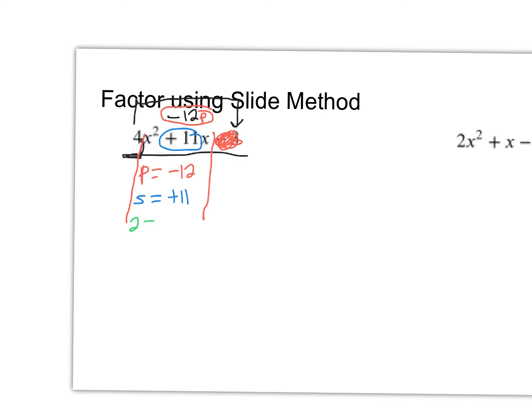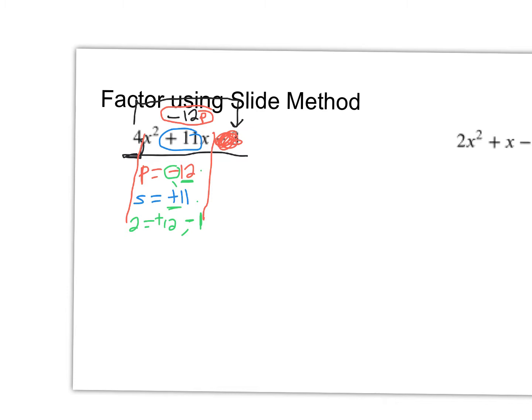The two numbers that make both P and S true, so two numbers that multiply to 12 but subtract to 11, would be 12 and 1. And you want a positive 11 here, so it's going to be positive 12 and negative 1.